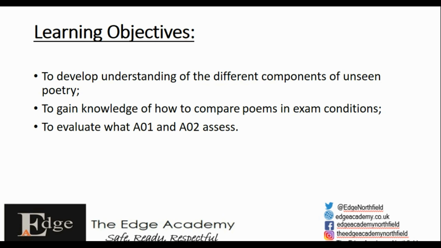I wanted you to gain knowledge of how to compare the poems in exam conditions, obviously maybe by using a grid to show how they're similar or different, and then using that grid to help you when you write your answer. And finally, we wanted us to evaluate what assessment objective 1 assesses, so looking at what the message of the poem is and how that is being conveyed, and assessment objective 2, focusing on really the technical features inside that poem.